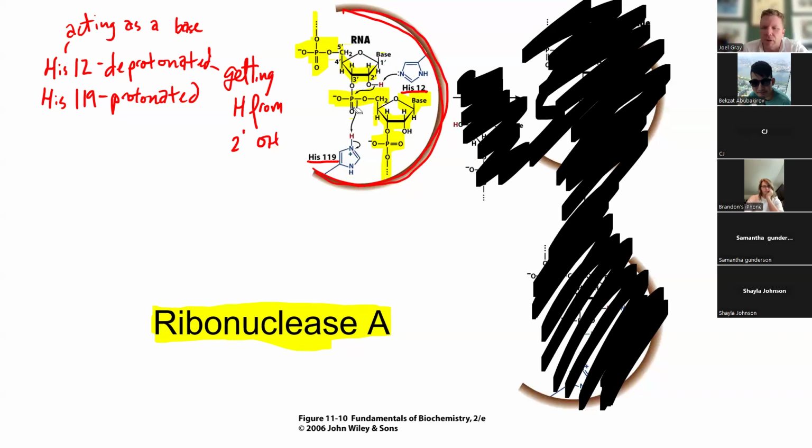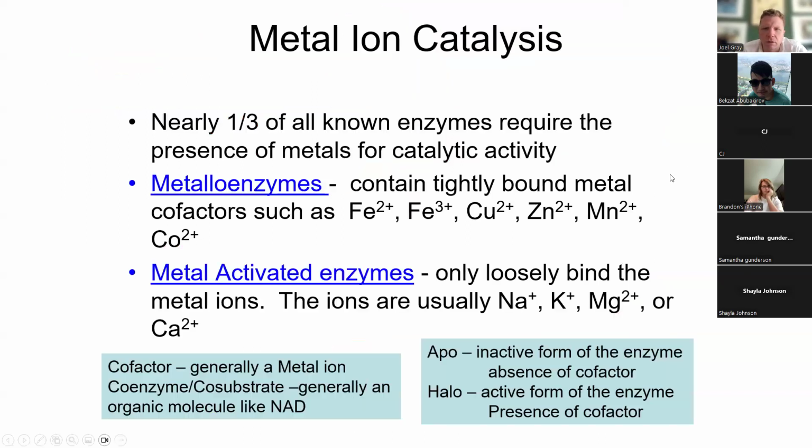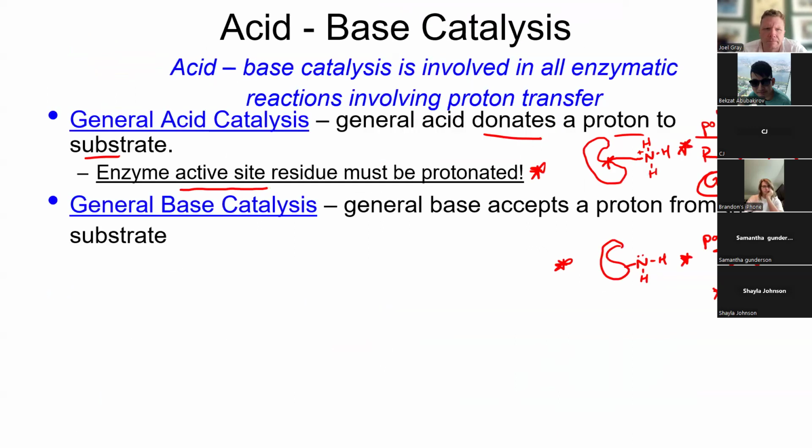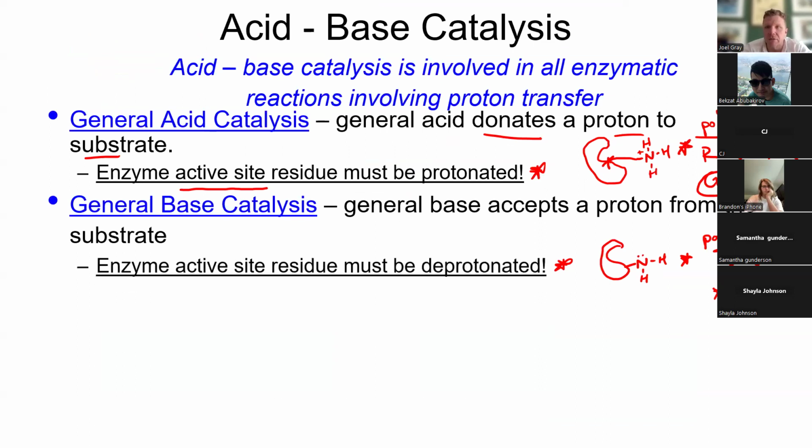So when we look back to these definitions, histidine 119 acts as an acid. It donates a proton to the substrate. His 12 acts as a base by accepting a proton from the substrate.